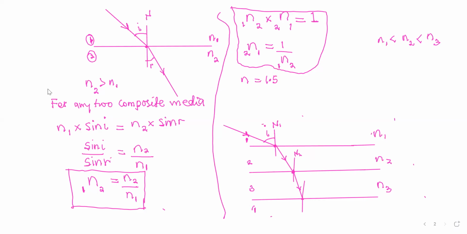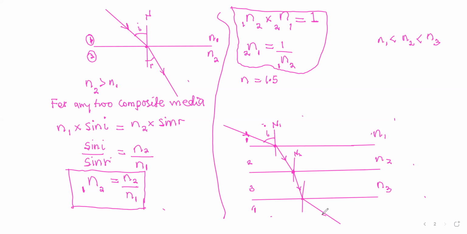Will it bend towards the normal or away from the normal? Anybody? Let's not waste time. Away from the normal, because among all the three, medium 1 is the least dense medium. So it will bend away from the normal.